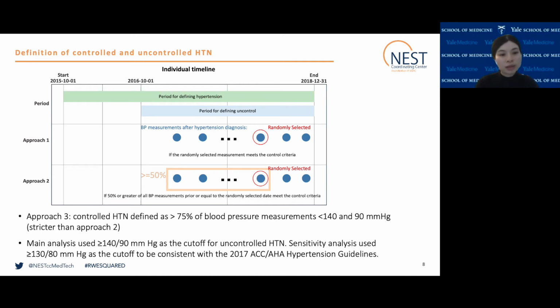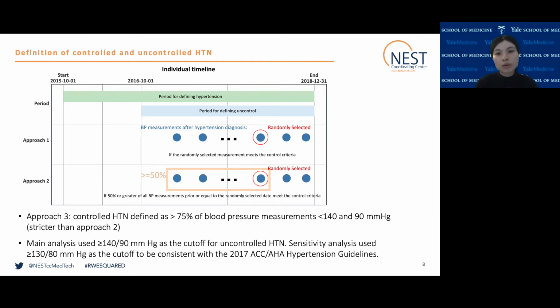To generate robust estimates, we apply 3 different approaches to define controlled and uncontrolled hypertension. In the first approach, we use a blood pressure measurement randomly selected between October 2016 and December 2018 to define controlled versus uncontrolled hypertension.